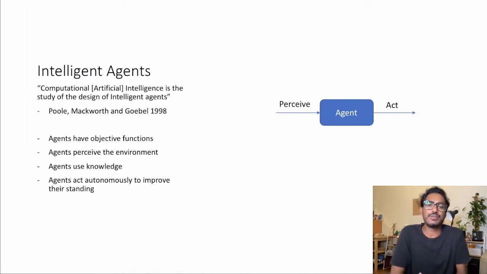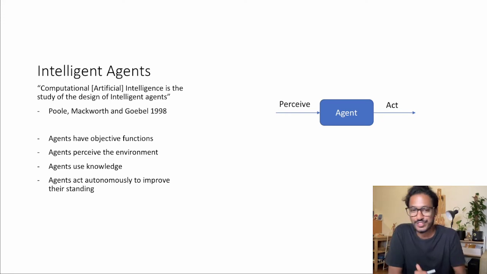Now we are going into a more modern approach to artificial intelligence, still like 20 years ago. Here we are not very specific in a way. We say computational intelligence is the study of the design of intelligent agents. So we are studying how to design intelligent agents.